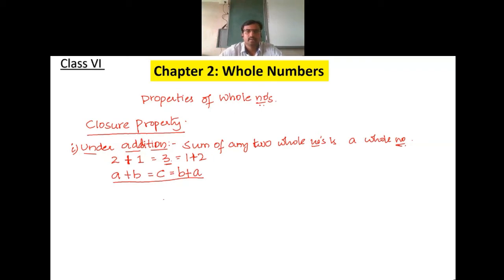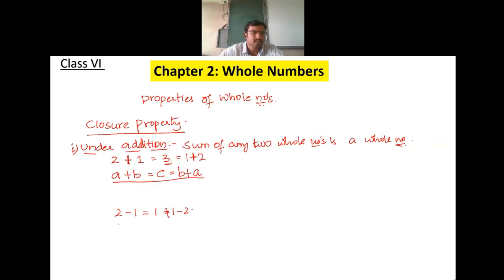Can we say that the closure property under subtraction is true? If you consider a number, say 2, and subtract 1, we will be getting 1. Whereas 1 minus 2, we do not get a whole number.